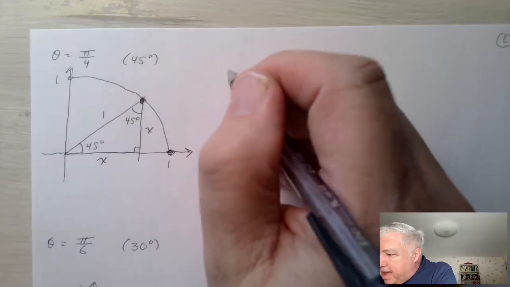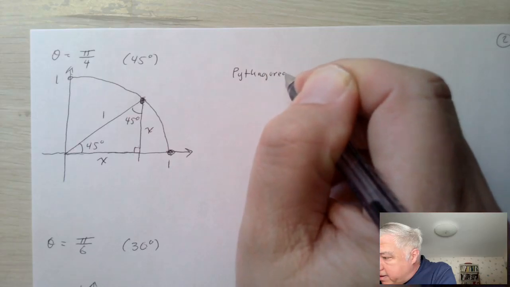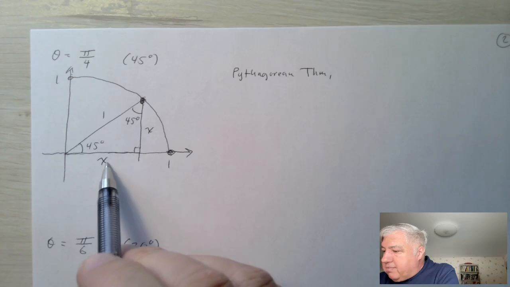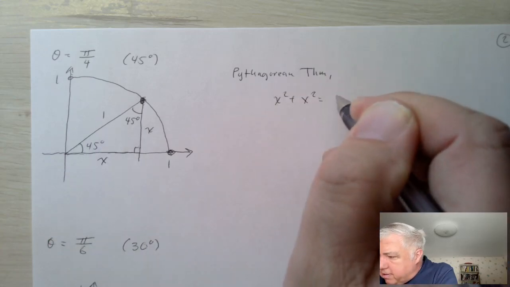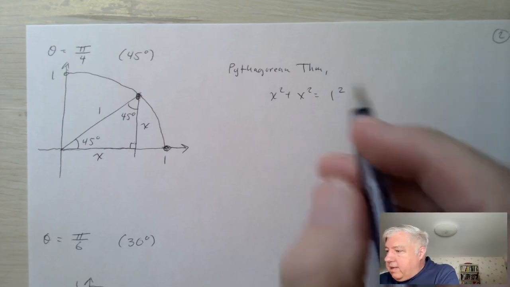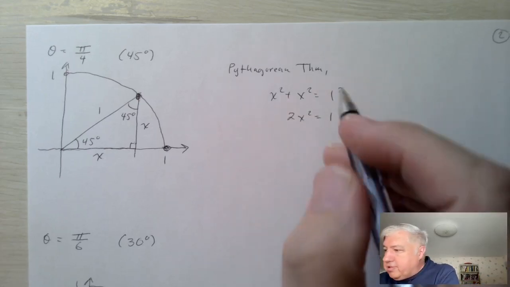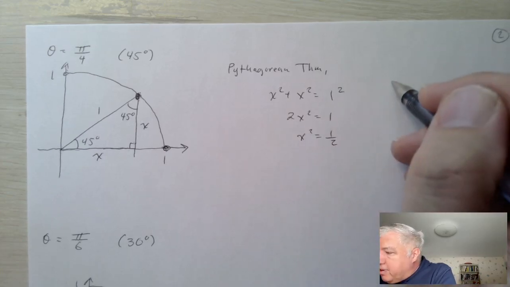And then by the Pythagorean theorem, we get x squared plus x squared equals 1 squared. Okay, and this is 2x squared equals 1. We can divide both sides by 2, and then take the square root of both sides.